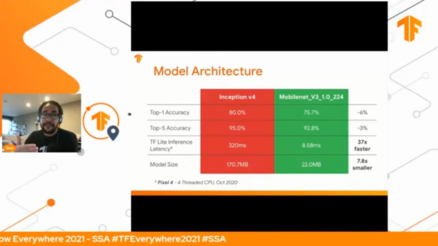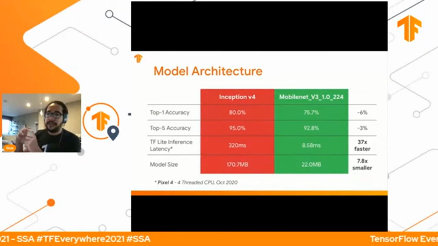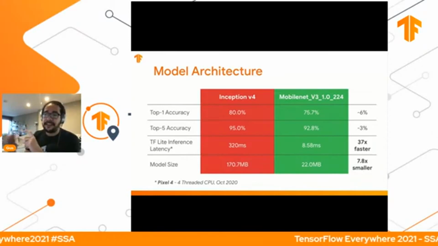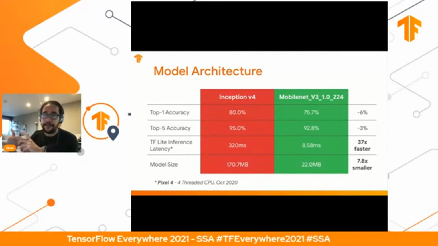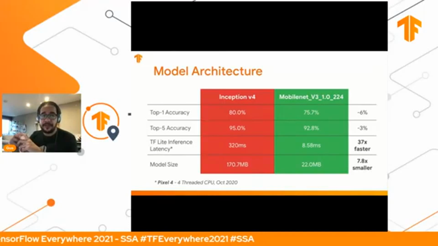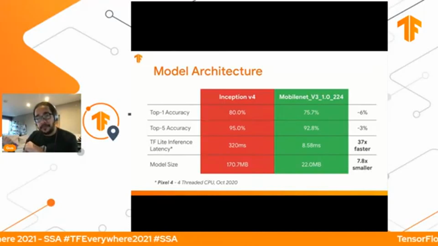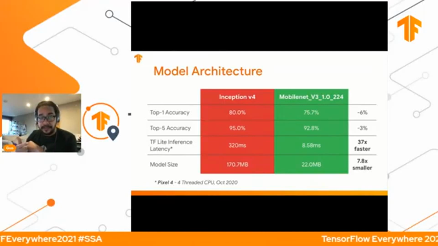When we talk about top 5 accuracy, I will return you 5 things I think are on the image, and of course the accuracy here is higher, right? Because I have 5 options to find out what it is, and for on device you can see that's 92. It's still great, right?